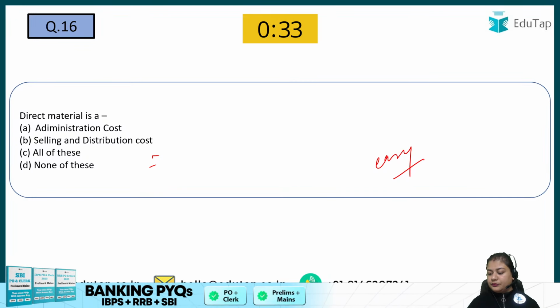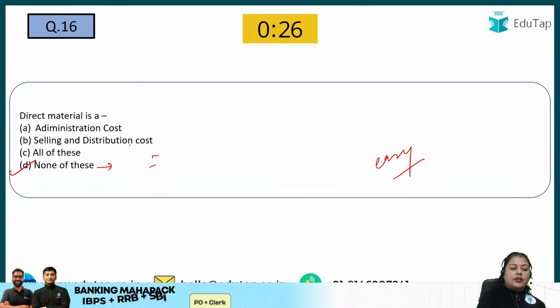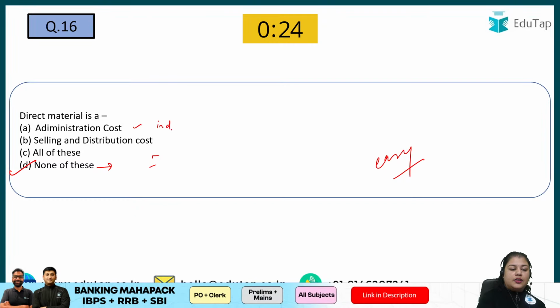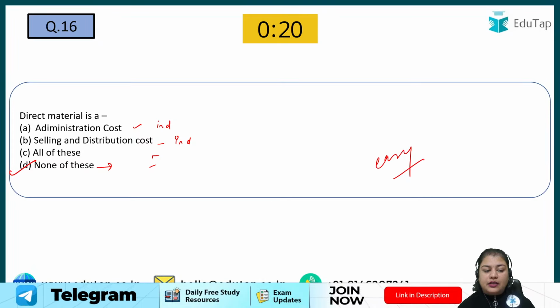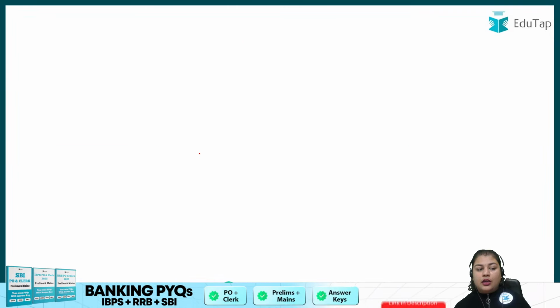Very easy. Yes, it will be none of these. Why none of these? Because administration cost includes all indirect costs, similarly selling and distribution also includes all indirect costs, but direct material is basically direct in nature, so it belongs to prime cost. Very very good everyone, so proud of you.